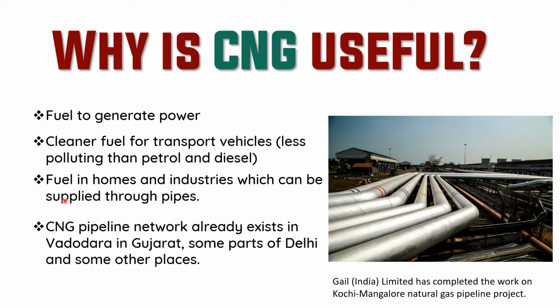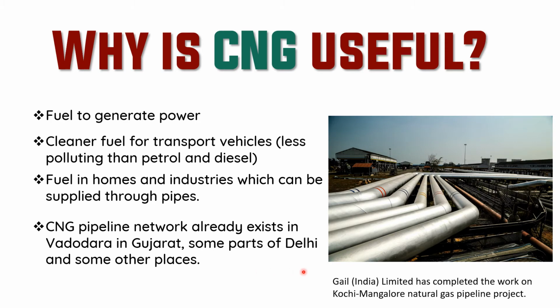And third point, fuel in homes and industries, which can be supplied through pipes. So for our needs, homes and industries, this natural gas is supplied through pipes like water supply. And fourth point, the CNG pipeline network already exists in Vadodara and Gujarat, some parts of Delhi and some other places.